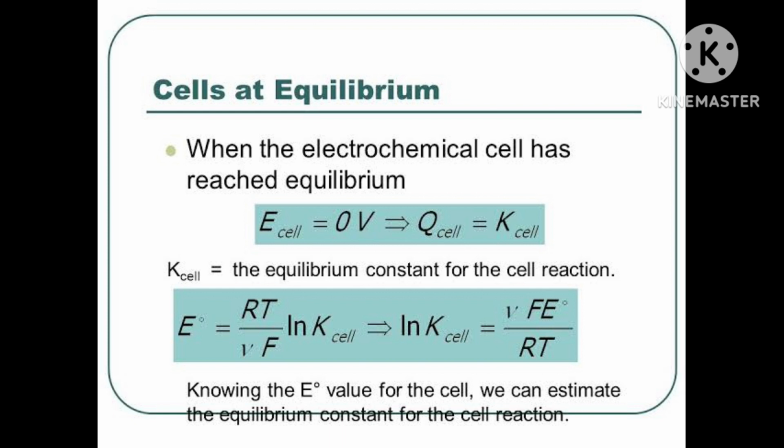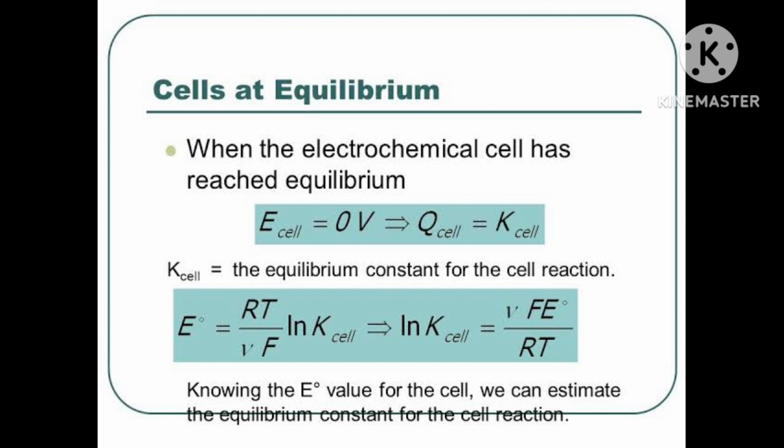Okay. Here you have seen that you can get the log Kc value directly by this relation. And in a general way, how standard electrode potential and log Kc are related: standard electrode potential is equal to 2.303 RT divided by nF log Kc.